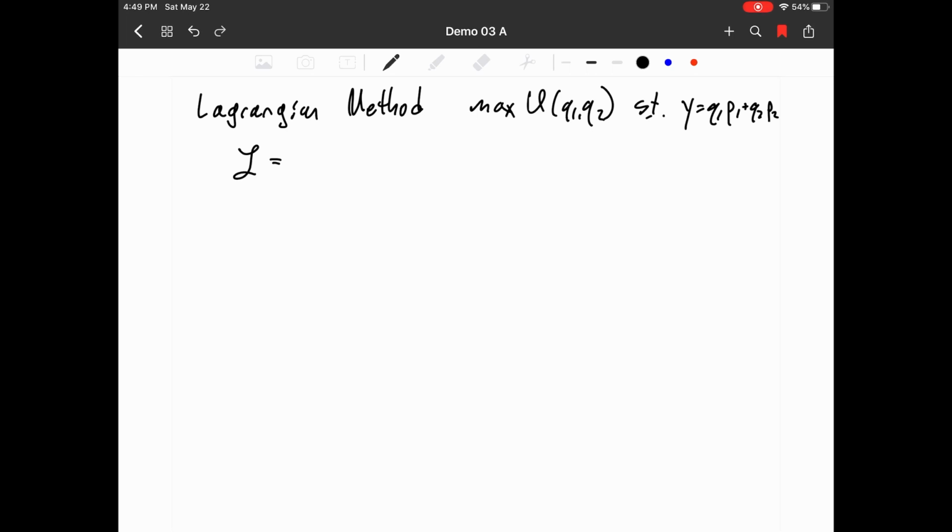So the idea with the Lagrangian method is that we have the utility function, which goes into the function we're aiming to maximize. But we also introduce this new variable, lambda. There are interpretations for what this lambda is doing. Essentially, this tells you something about how important, how valuable an extra dollar is.